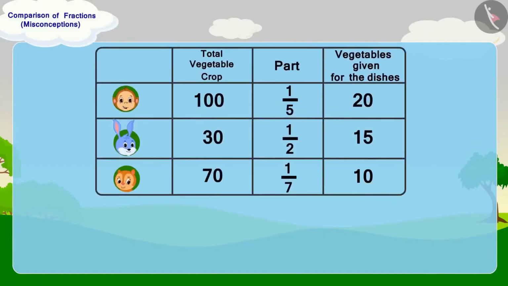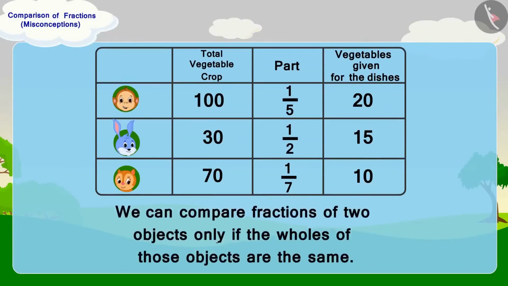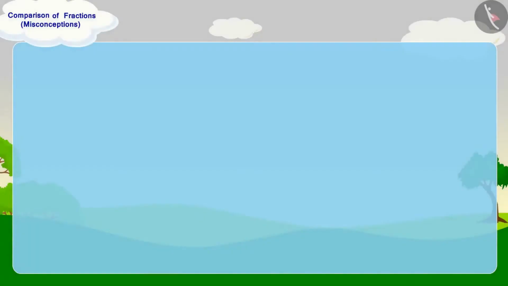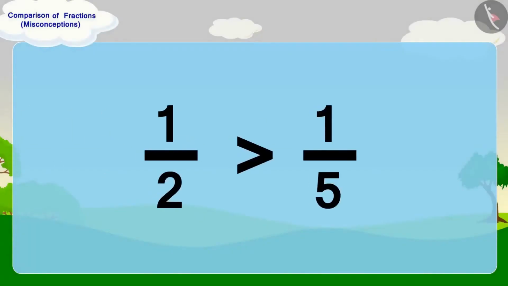Children, keep in mind that we can compare fractions of two objects only if the wholes of those objects are the same. As we know, the fraction half is more than the fraction 1/5.